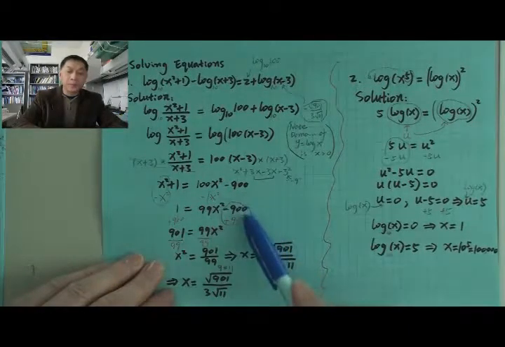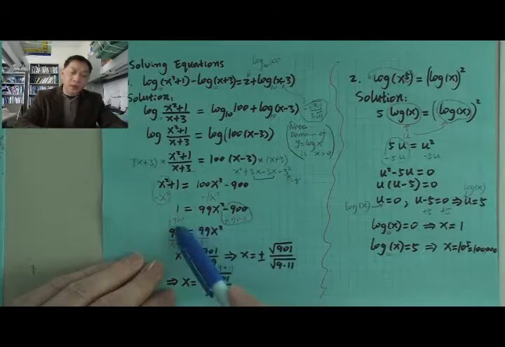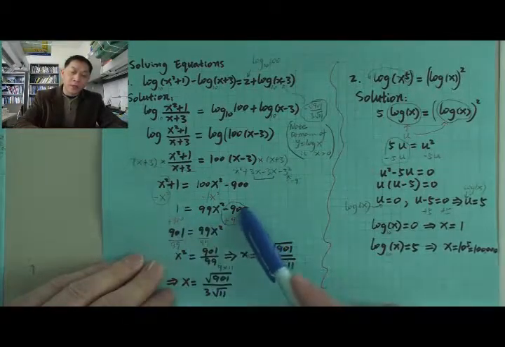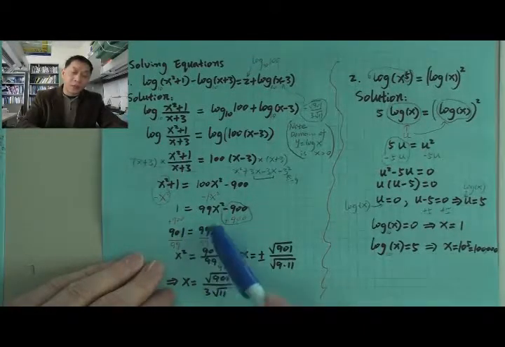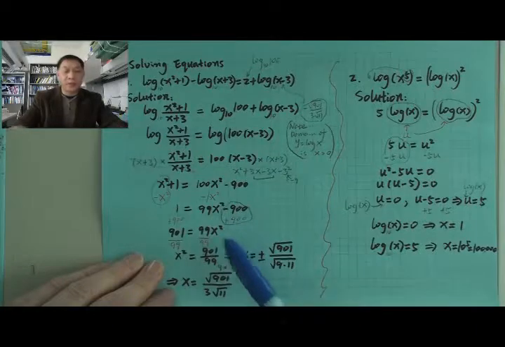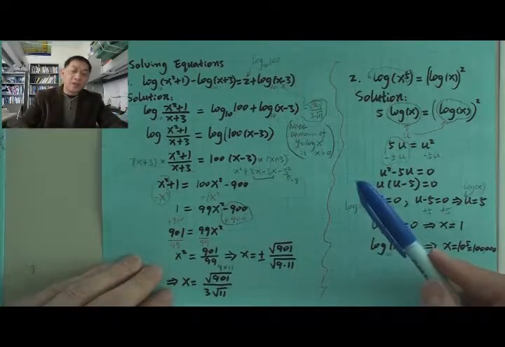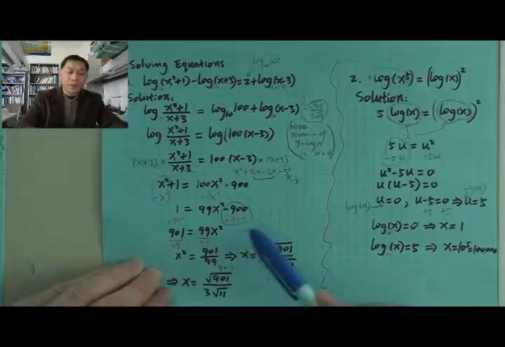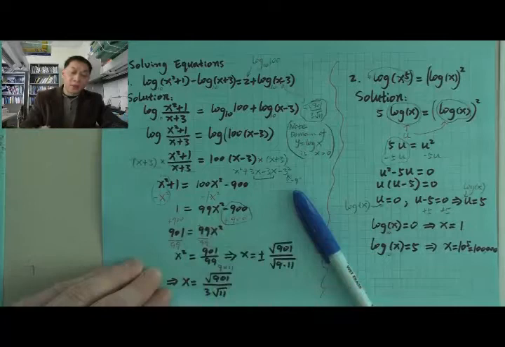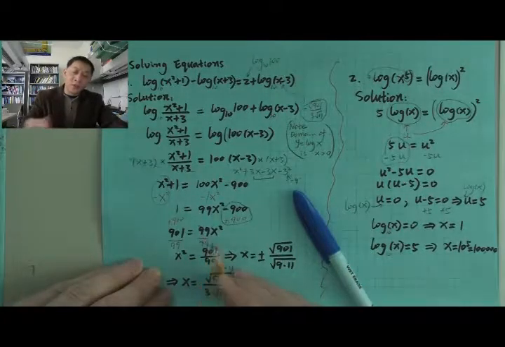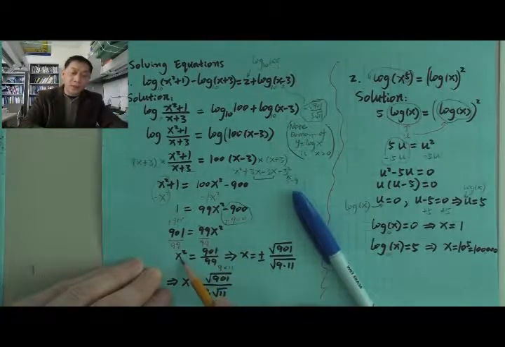We copy it down. Then add 900 on both sides. You cancel this too. So you have 900 plus 1 equals 99 times x squared. Divide both sides by 99. The 99 cancels with this 99, since 99 divided by 99 is just 1. So the right-hand side is x squared, and the left-hand side is 901 divided by 99.